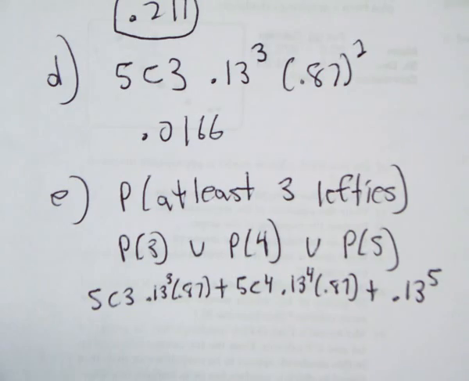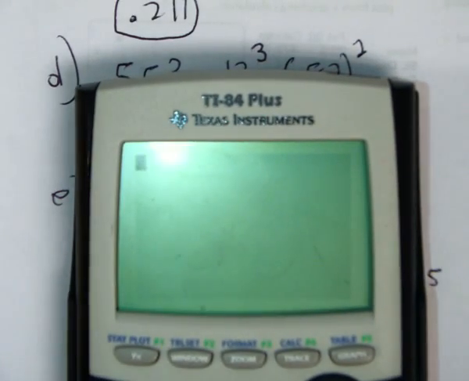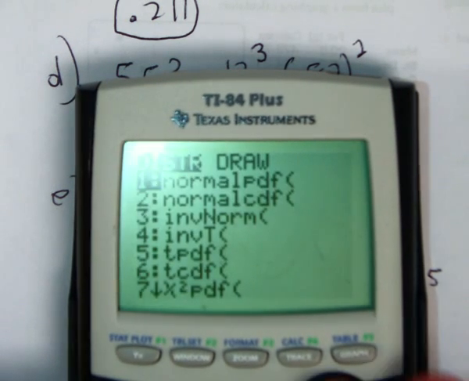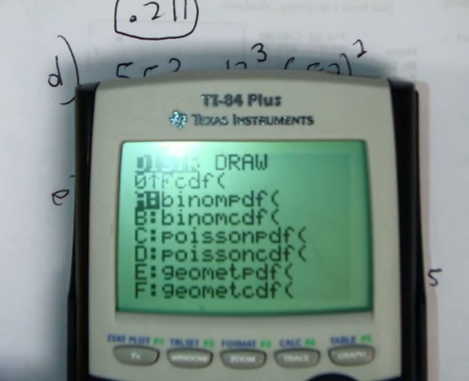Okay? So how we could do that, if we wanted to, is we can do binom PDF.